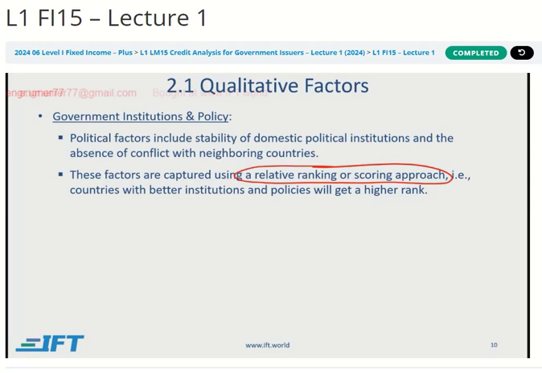So we want to see stability, we want to see a desire, a willingness to repay on time. We want to see nice relationships with neighbors, right? We don't like conflicts because conflicts mean that there could be potential default if things go sour between these countries.